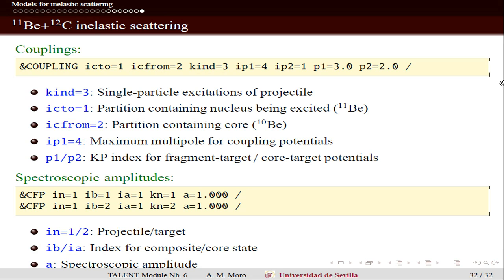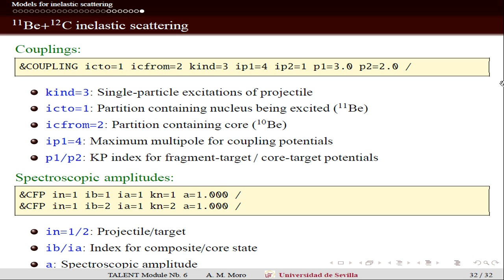IB equal 1 corresponds to the ground state of beryllium 11. This is the state of the composite. IB equal 2 corresponds to the beryllium 11 1/2 minus state. IA is the state of the core. We have only a single core, so it will always be 1. KN specifies the wave function, the overlap that will be used. So we have defined the state of the composite system and the state of the core.